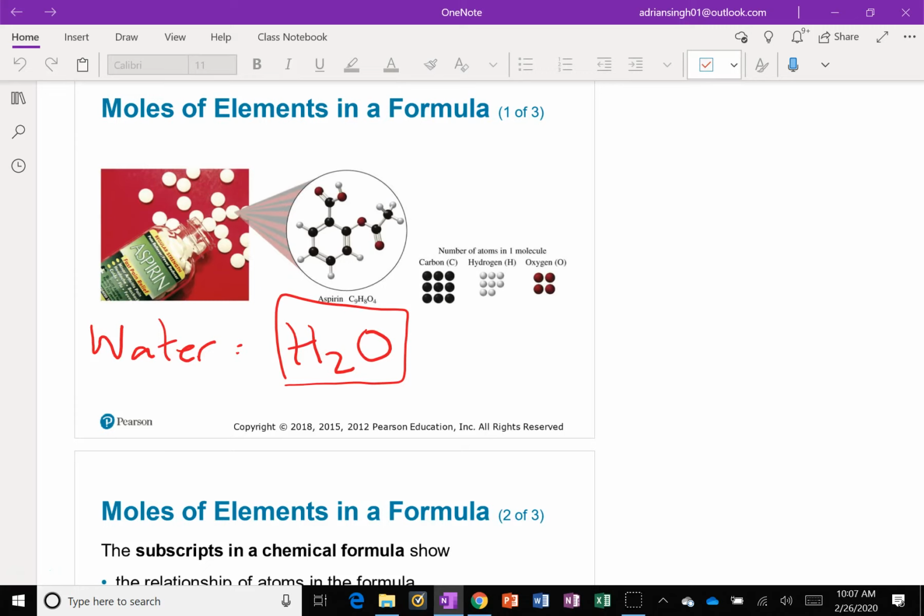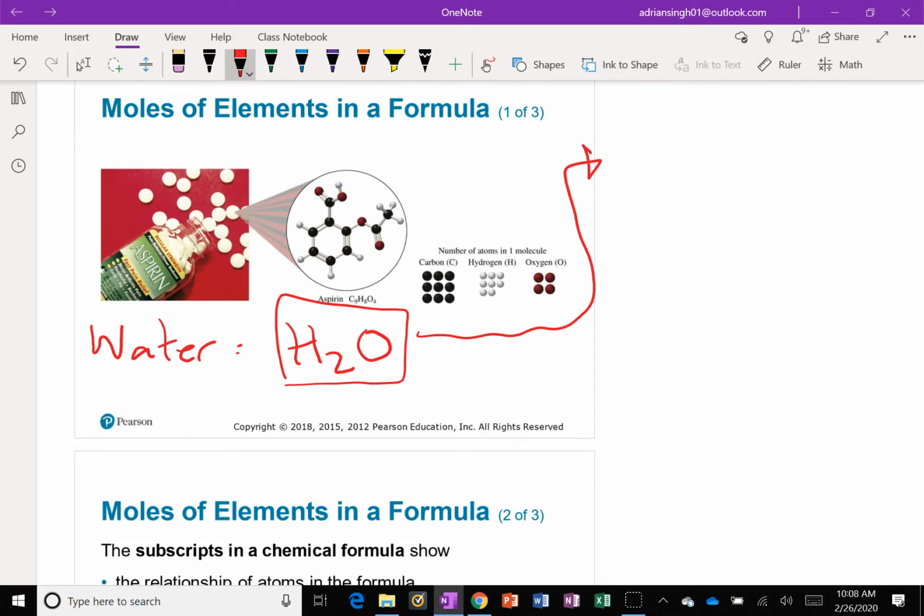molecule of water, in one water molecule you build, how many hydrogen atoms do you have? In one molecule of H2O, you have 2, right? Where do you get that from? You just look at the chemical formula. So from the formula, this tells us that there are 2 hydrogen atoms in one water molecule.